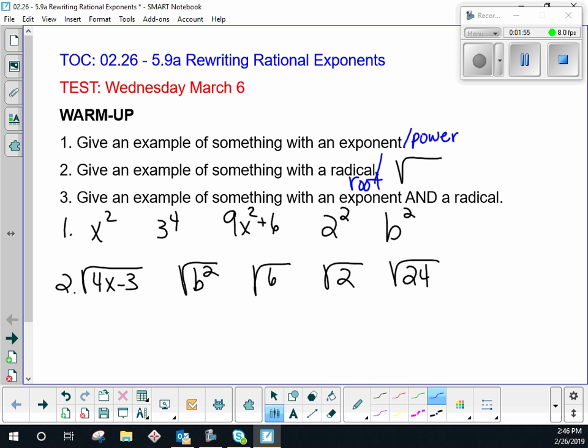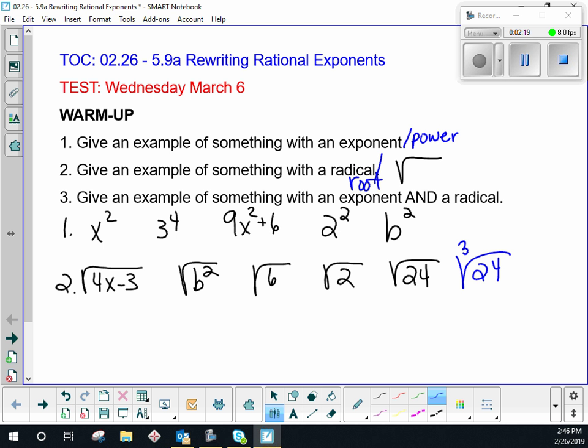But that's not the only kind of root we have. We can take a cube root. We can take a 4th root, a 5th root. How do I know that all of these are square roots? I love what you just said, because they don't have a number written up there, right? Okay, so let me give you an example of something that would be like a cube root. Like this is square root of 24. What's that?